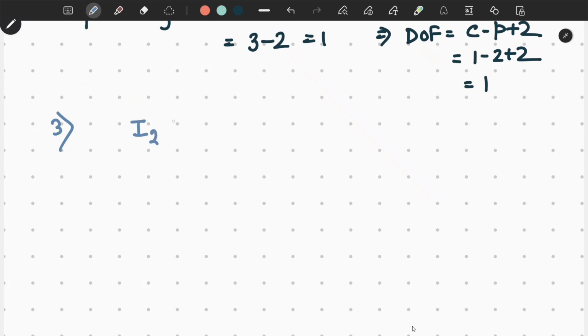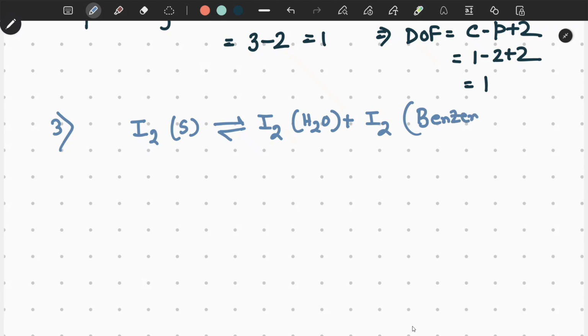Just see this reaction. Now guess it. Just write.